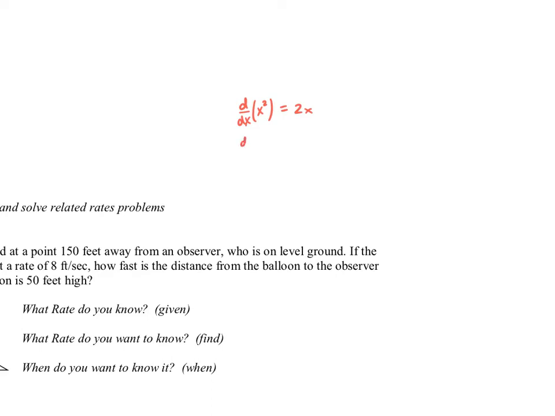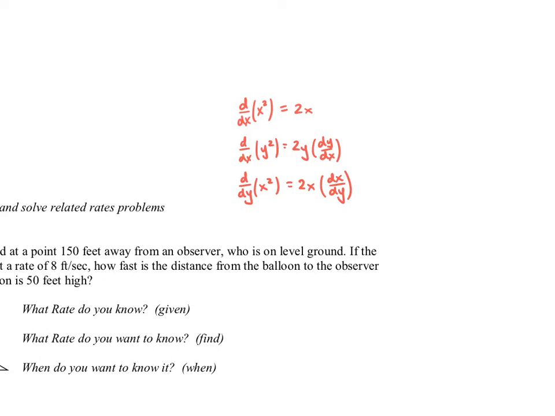If you were to take, for instance, the derivative with respect to x of y squared, well, now you still get the behavior of the power function, so 2y, but then you're multiplying by the derivative of y with respect to x, simply because you're differentiating with respect to x, and you have y, which is not the variable of differentiation. If you were to take, for instance, the derivative with respect to y of x squared, you would get 2x. However, you would have the derivative of x with respect to y because now your variable of differentiation has changed and the x does not match that variable of differentiation.